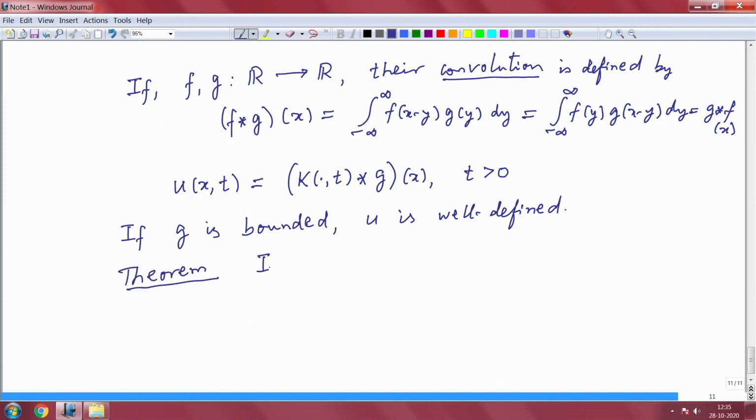So, if G is continuous and bounded, we have to assume boundedness because continuity does not imply boundedness, as we are on the real line, that is not a compact set.